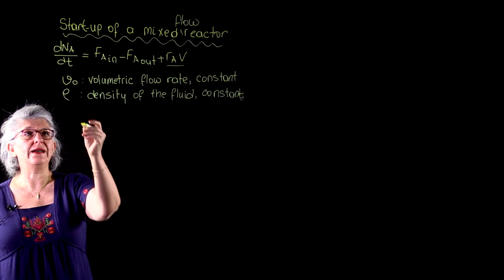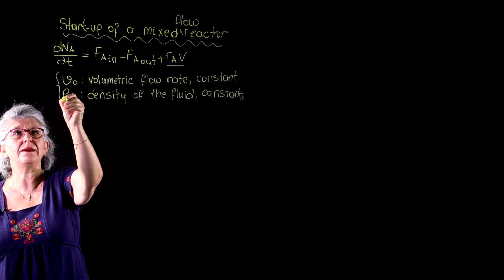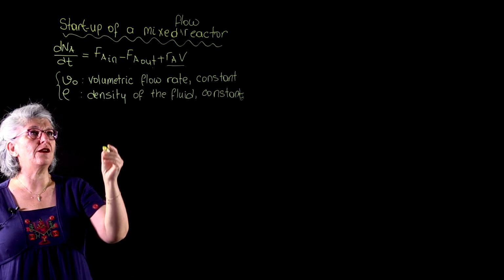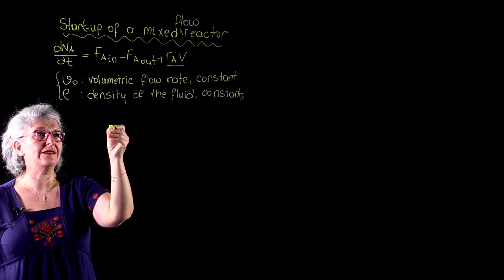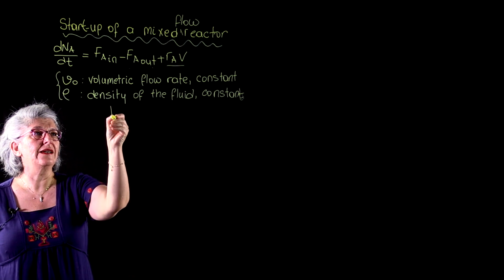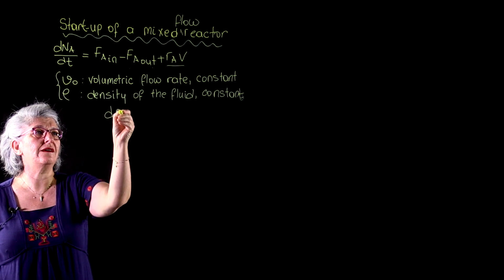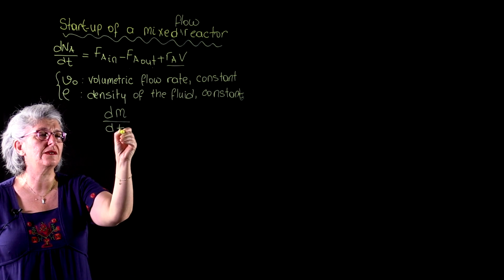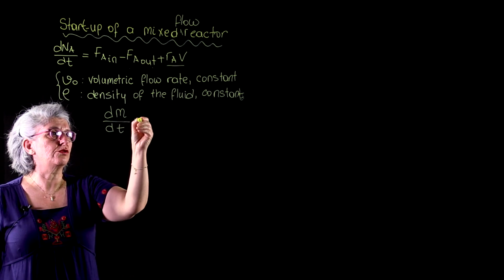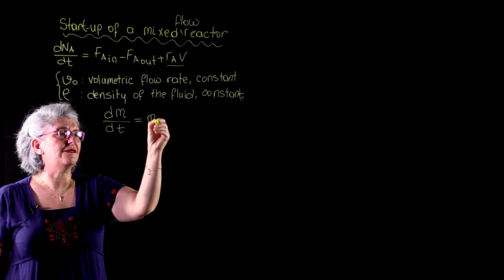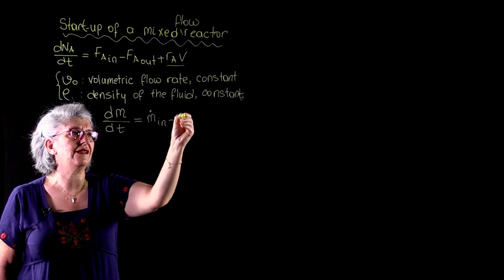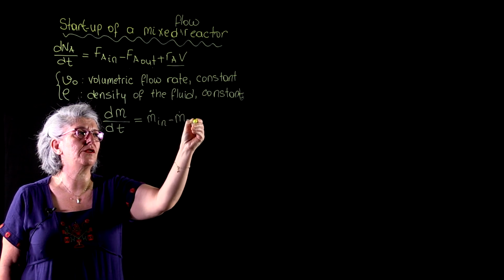The reason that I bring this up is that I'm going to write an overall material balance, total material balance. The time rate of change of total mass within the system boundaries is going to be equal to the net rate that mass flows into the reactor minus the net rate that mass flows out of the reactor.